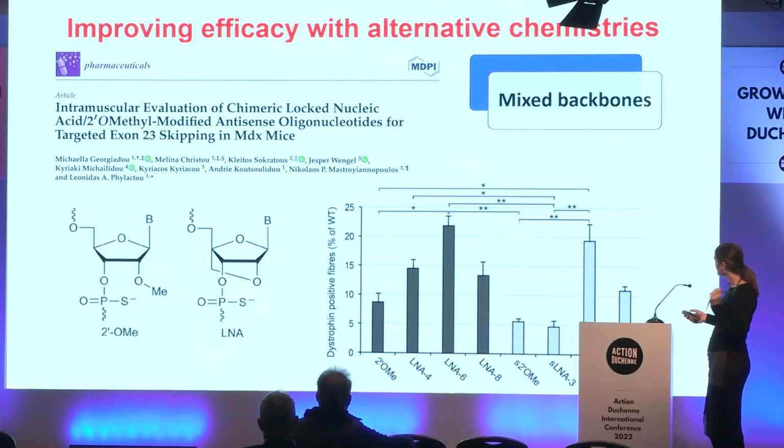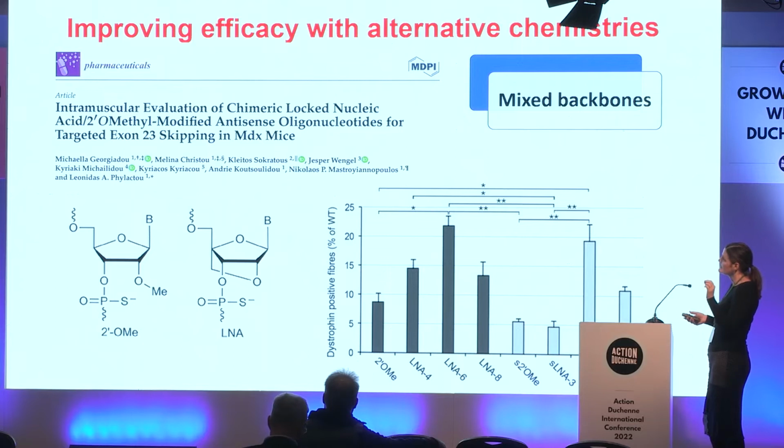So here, they've developed this chimeric, so it's a mixture of what's called locked nucleic acids with 2'-methyl. So 2'-methyl was also put through clinical trial at the same time as the PMOs, so it's another good antisense, but not as yet approved.